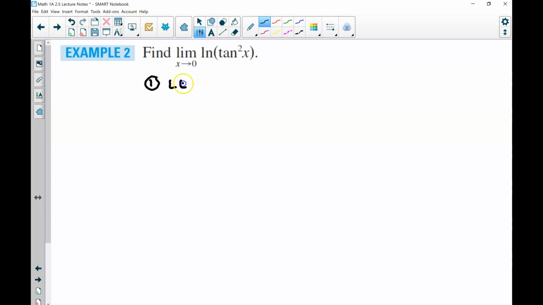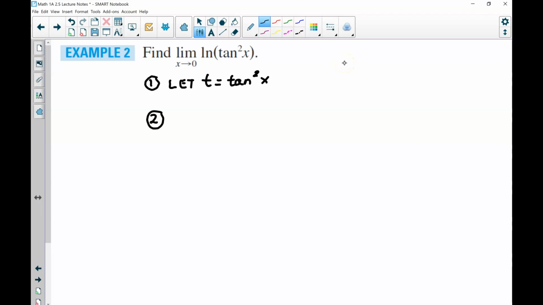So in the first step here, we're going to let t equal the tangent squared of x. And then we're going to substitute it into our example. Before we substitute that, let's determine what is happening with t.